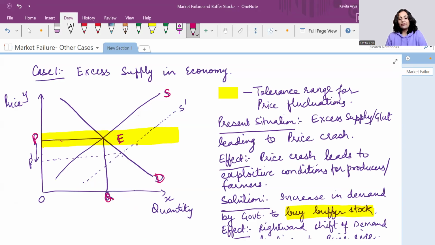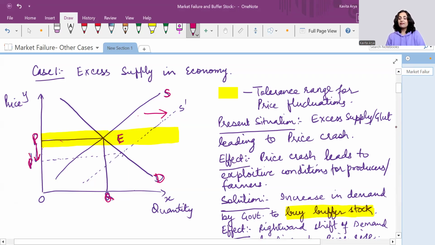Right. So now the present situation is the excess supply or glut leads to price crash. For some reasons, the supply is high in the market. For example, in the harvest season, it is a usual phenomenon, that supply is more than what is required. So because of that, the supply curve shifts rightwards, leading to a crash of the price from P to P dash.